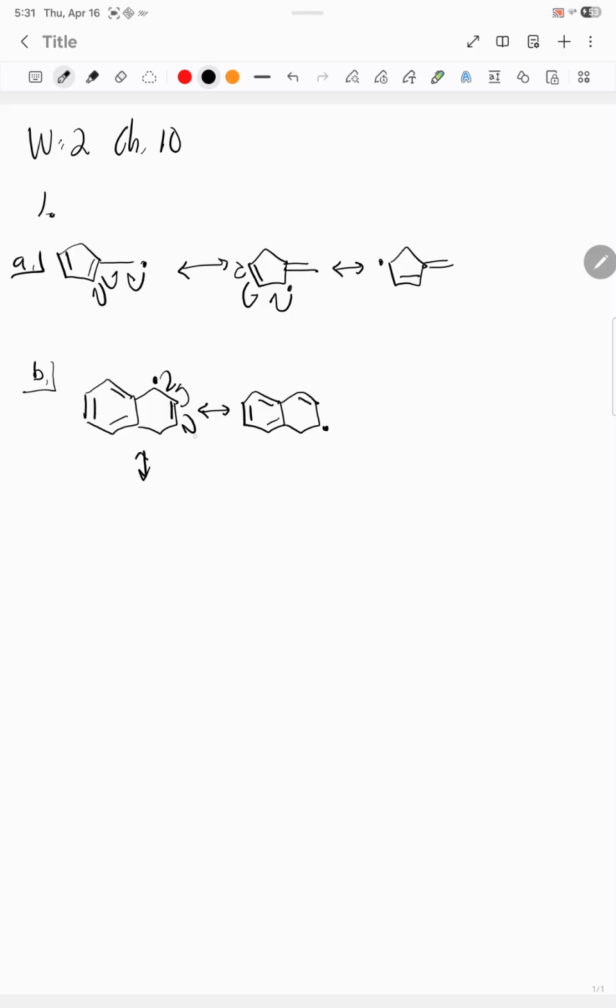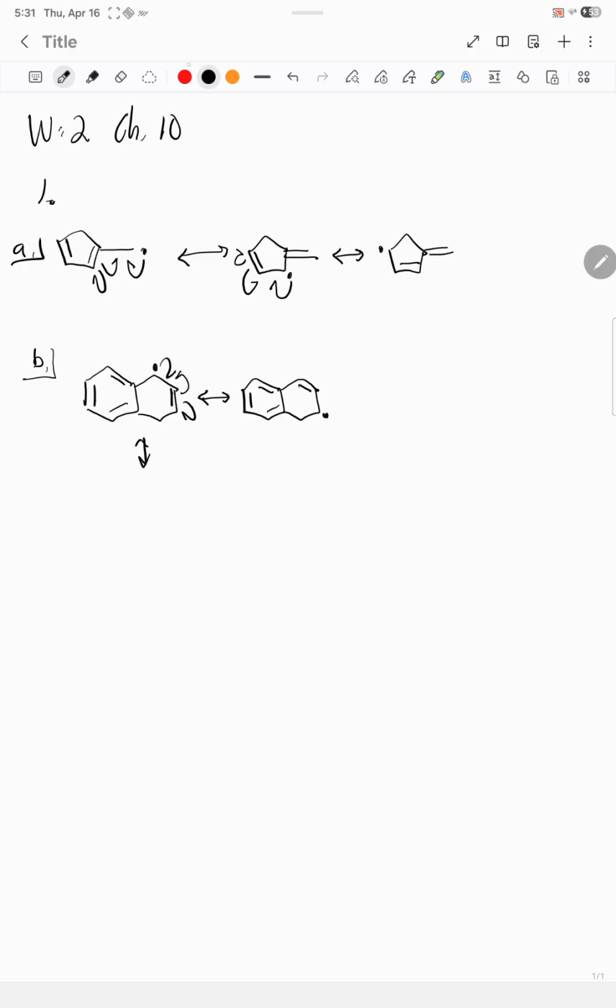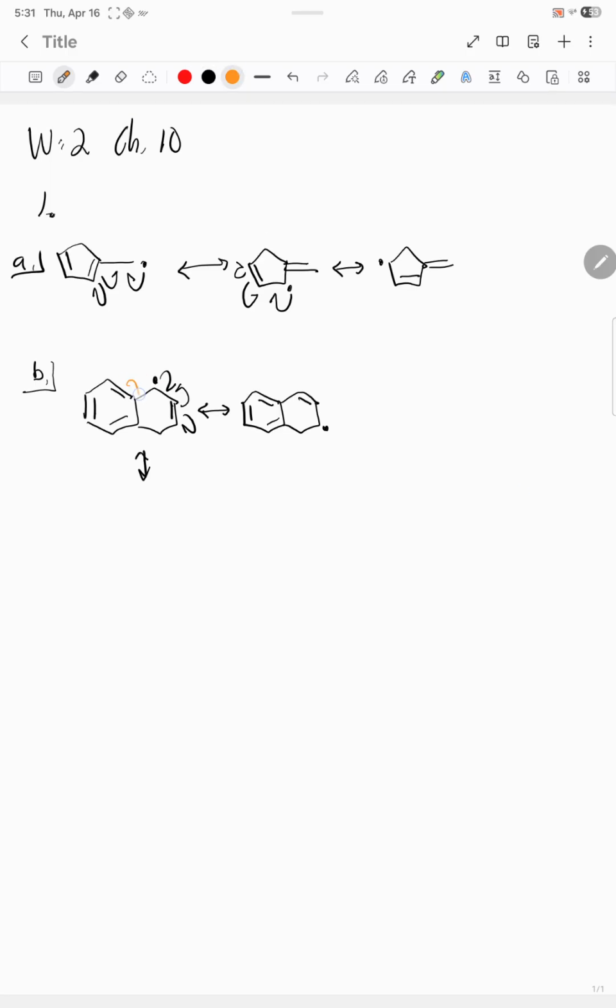If from here we actually have done this, then we get another form of conjugated system.